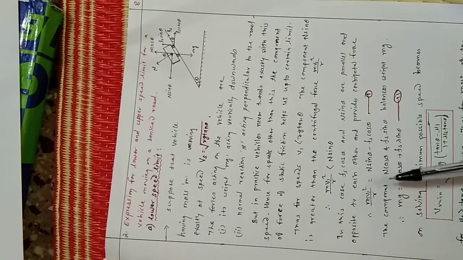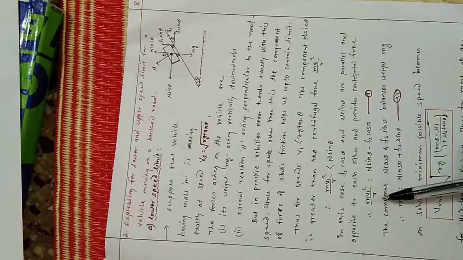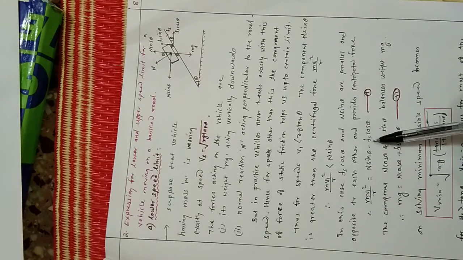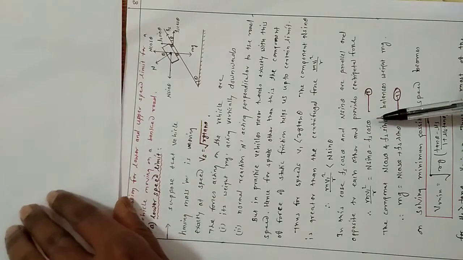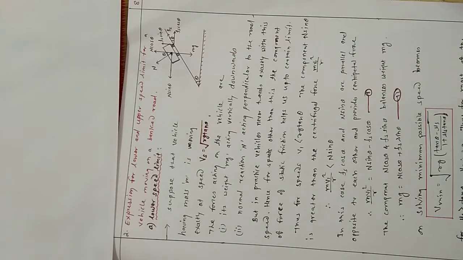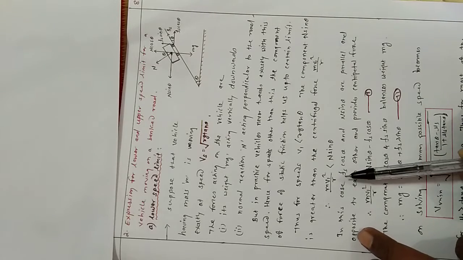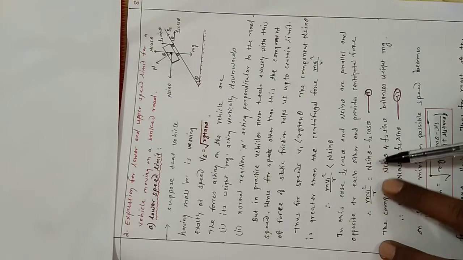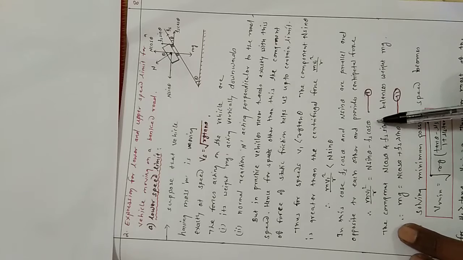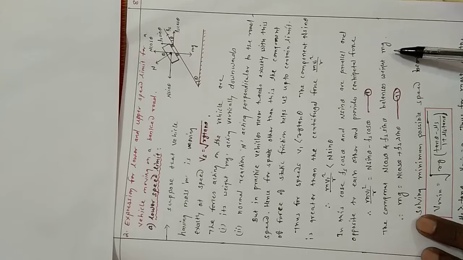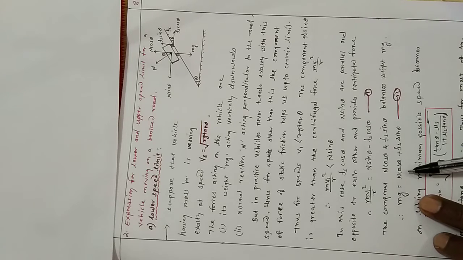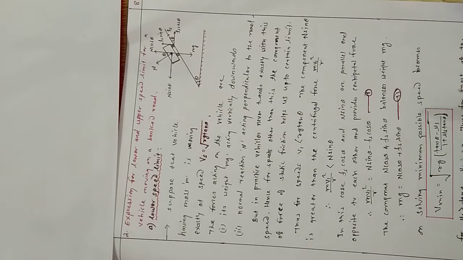That means our equation becomes m v1 square by r is equal to n sin theta minus fs cos theta. The component n cos theta and fs sin theta balance the weight mg. That means the second equation becomes mg is equal to n cos theta plus fs sin theta.